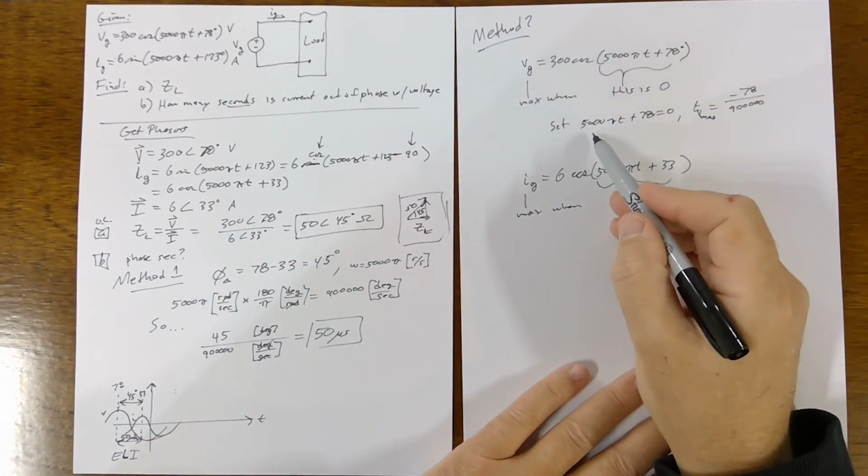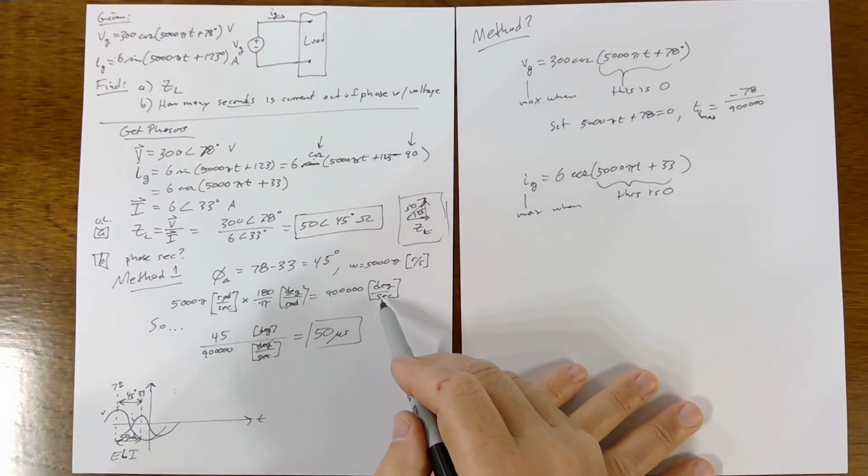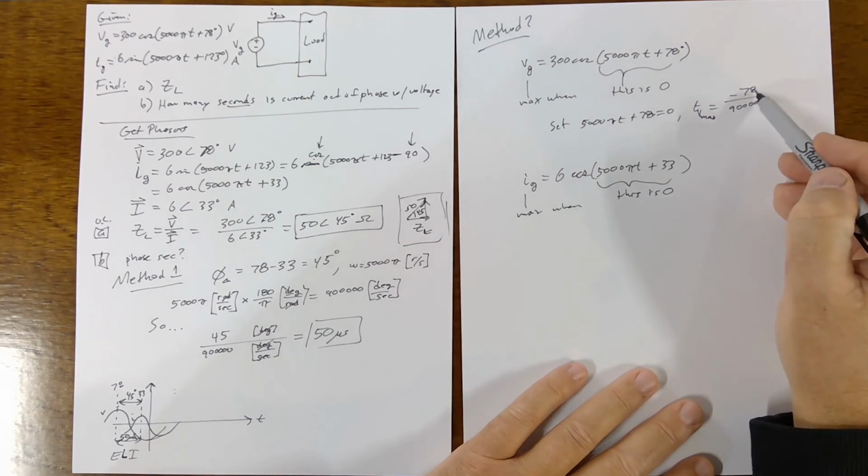Note that I turned the 5,000 pi into degrees per second because the numerator is degrees.